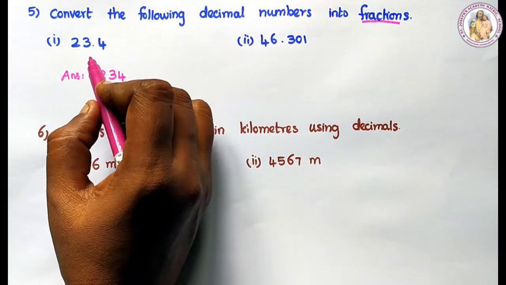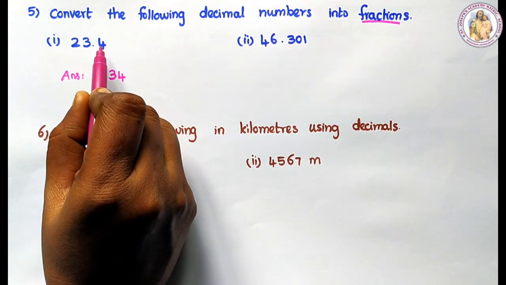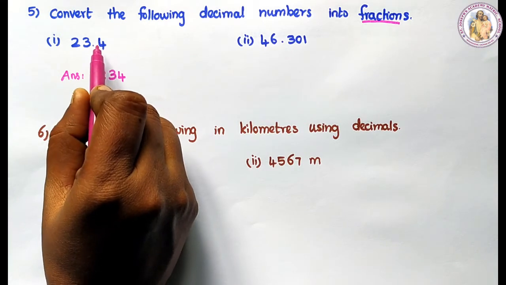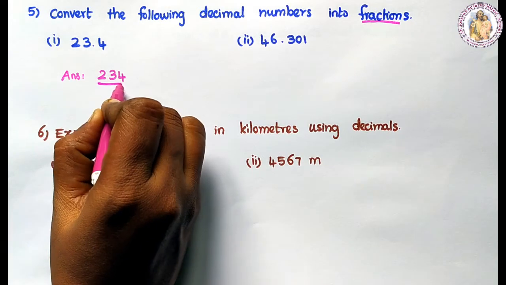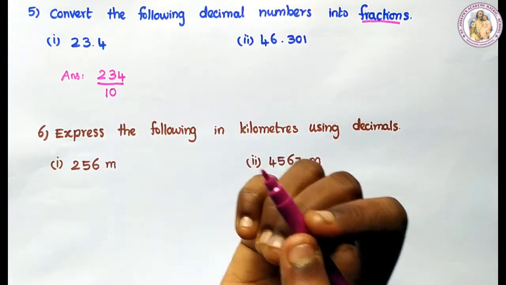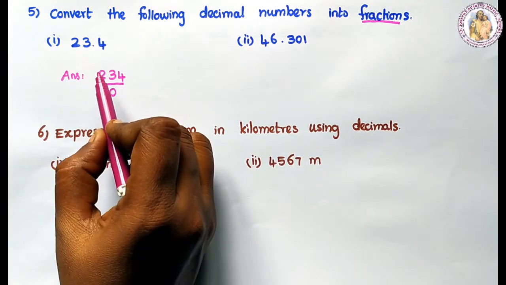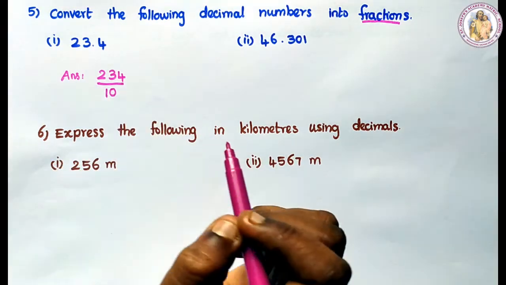What I have told, that is, after the decimal point, how many digits are there? 1 digit means in denominator we have to put 10, right? So 234 divided by 10 is the answer.